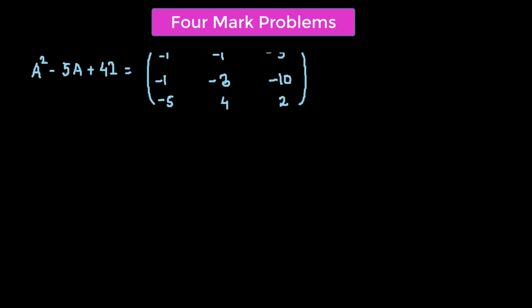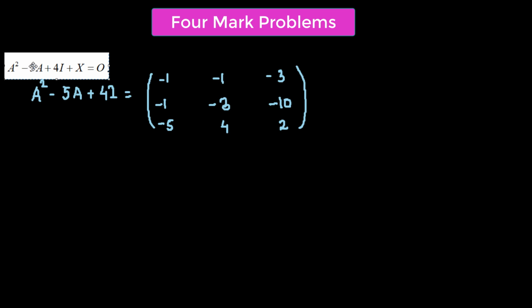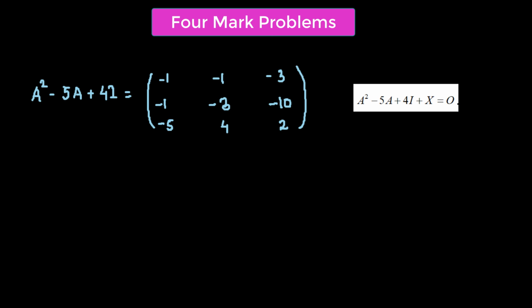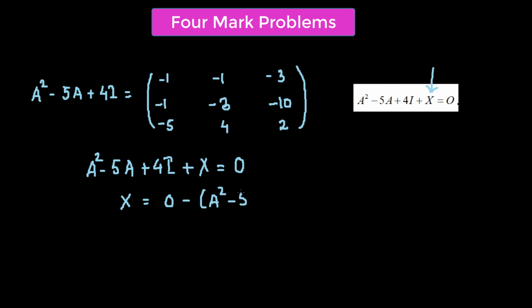We have to find out the value of matrix X. So we can rewrite this equation as A squared minus 5A plus 4I plus X equals the 0 matrix. So we can write X equals O minus A squared minus 5A plus 4I.